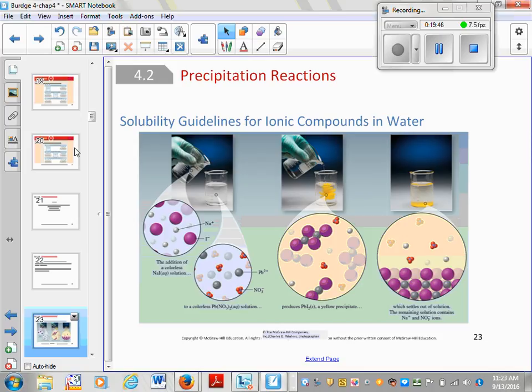We mix them together, we form lead iodide, which is a solid, not water soluble. So you get this bright yellow precipitate. It just falls out of solution. What's left in solution are the Na+ and the NO3- ions. That's all well and good, but how do we know what's going to happen?